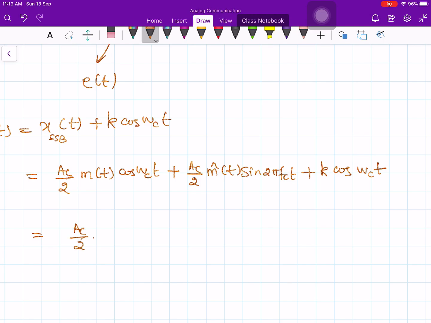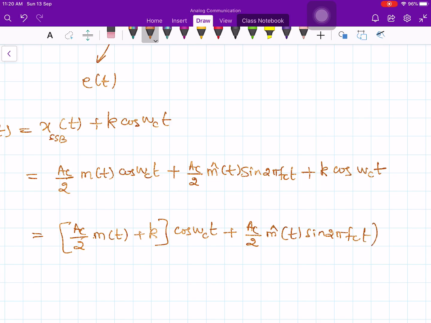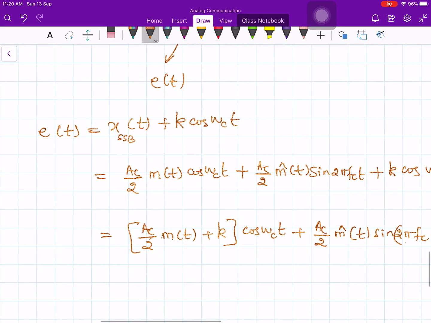Now rearrange this expression. AC by 2 m of t plus k multiplied by cos omega ct plus AC by 2 m cap of t sin of 2 pi fct. This is the output of the adder. What is this?